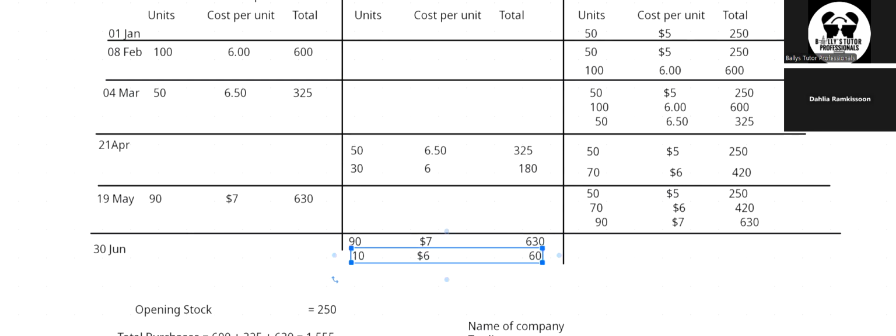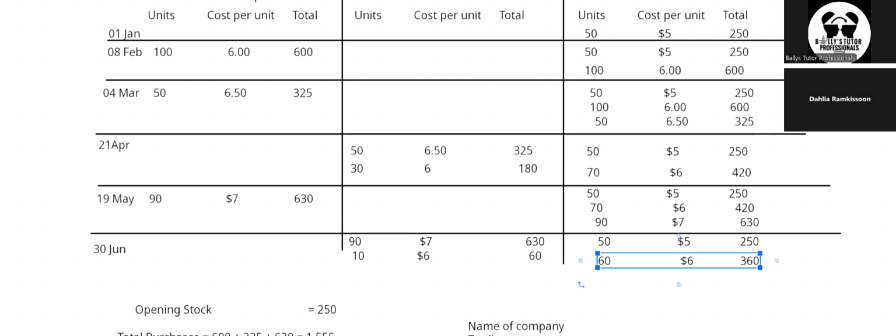And we take 10 from the 70. So how much do we remain with? 60. 60 at $6 each for 360.